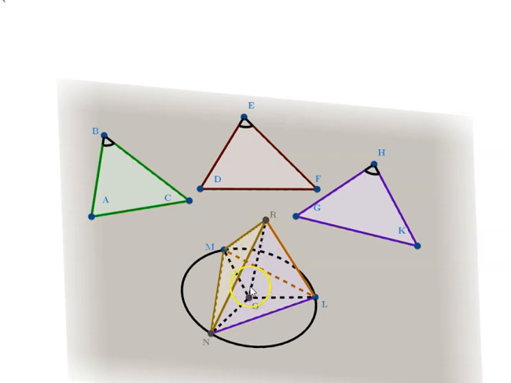So that means triangle LOR is congruent to triangle MOR, which implies RL is equal to RM. Similarly, we can show that RN is equal to RM. So what it means is that RL is equal to RM is equal to RN.